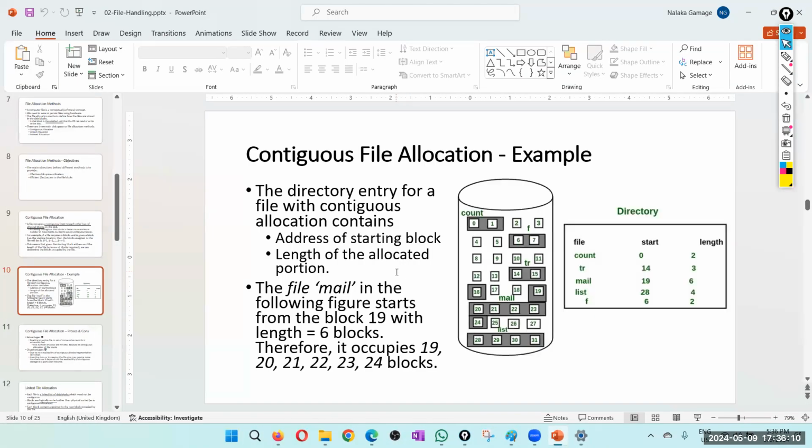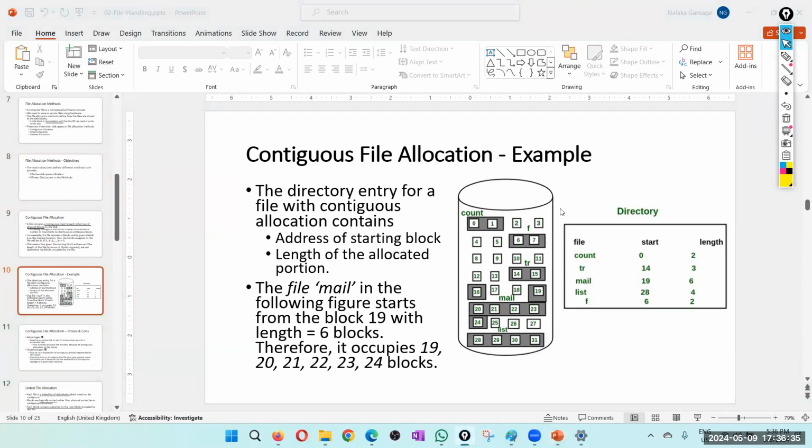Once it is fragmented and we keep using it, these days the operating system usually does the defragmentation periodically. So that is to reallocate these file blocks so that files get more and more consecutive blocks. But that is not required for all the files.